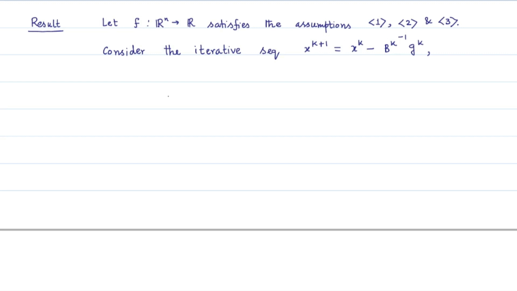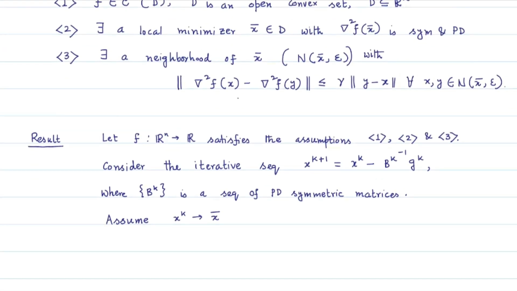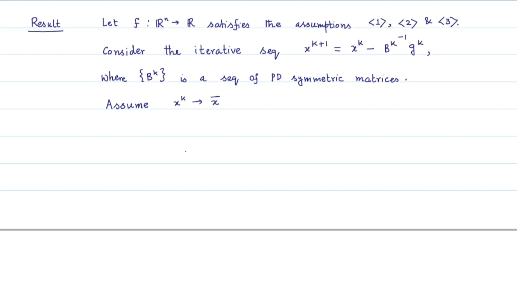For this pure quasi-Newton iterative formula, where B_k is a sequence of positive definite and symmetric matrices, if the generated sequence x_k converges to the local minimizer x bar that we have assumed in assumption 2, then this convergence of x_k to x bar is superlinear if and only if the Dennis-Moré characterization of superlinear convergence is satisfied.